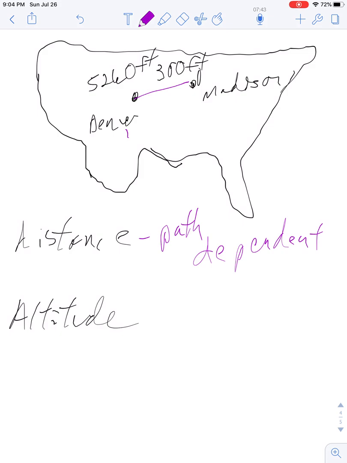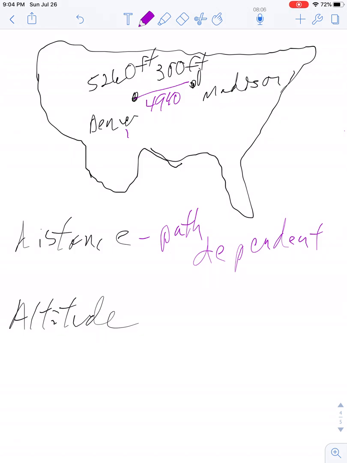Okay, well, if I go from 300 feet to 5,260 feet, my change in altitude is going to be 4,940 feet.